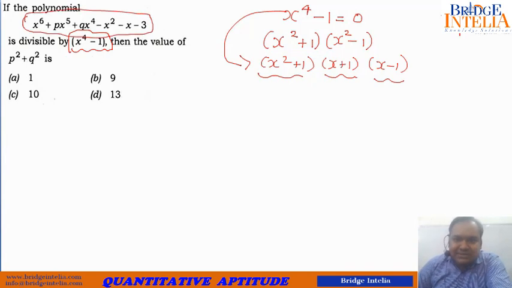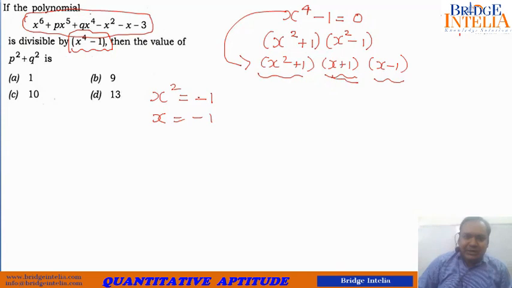It means if you assume x square to be equal to minus 1 and put it here, it should come out to be 0, or else if you assume x to be equal to minus 1 because of this and put here, the expression should turn to be 0, or if you equate this to be equal to 0 and then proceed.